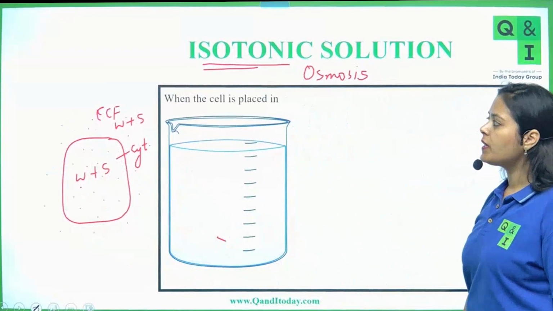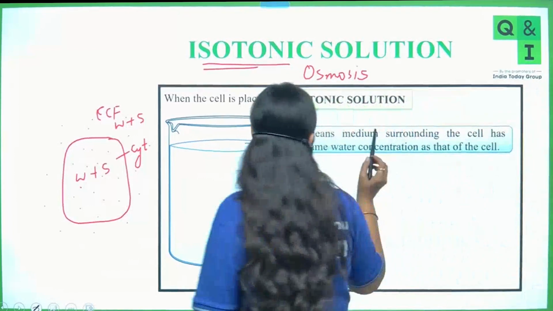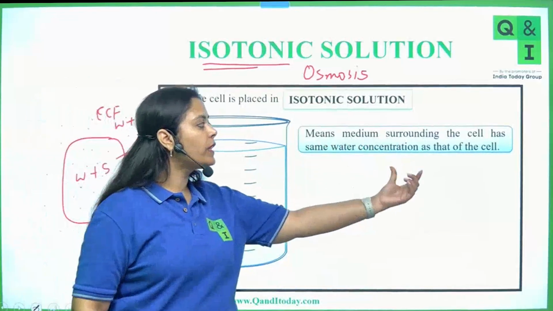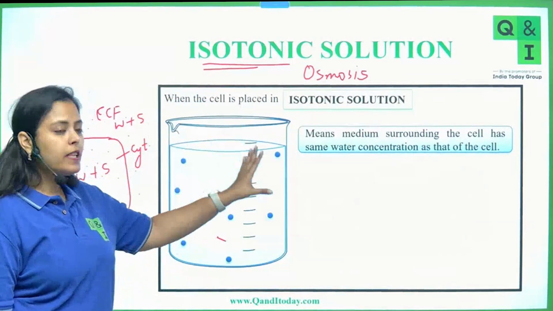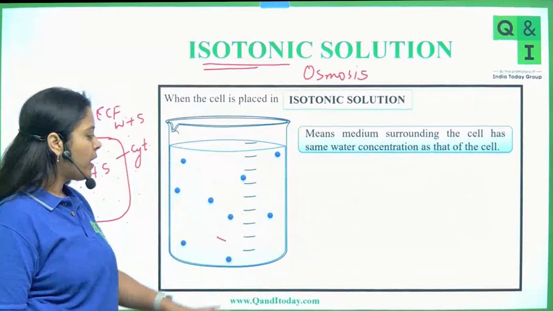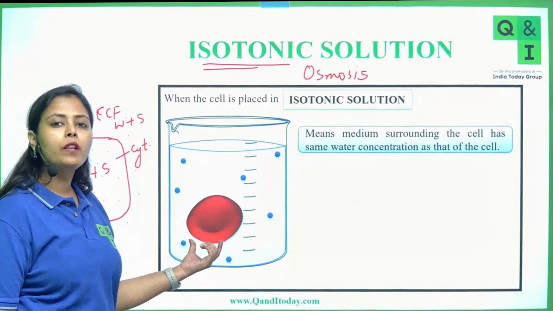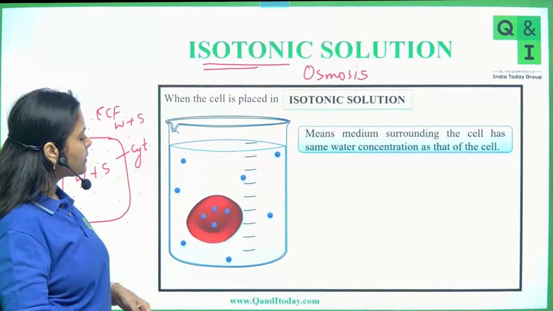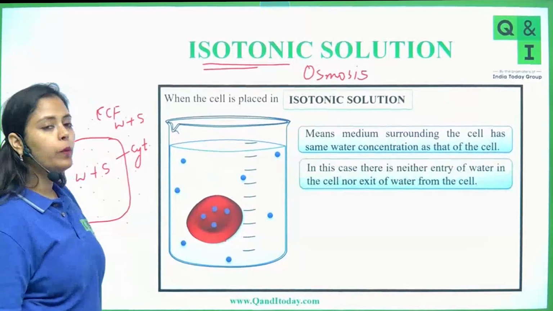So when the cell is placed in isotonic solution, isotonic means that the medium surrounding the cell has the same water concentration as that of the cell. This is the solution in which we are now going to place our cell. For our convenience, we have placed this cell here, and now we will look at the movement of water. Since the concentration is the same inside the cell and outside the cell, what will happen?